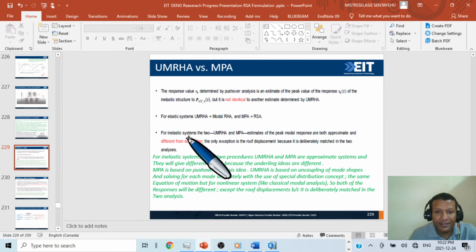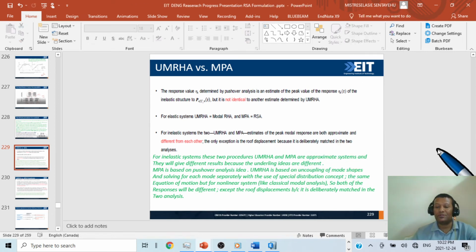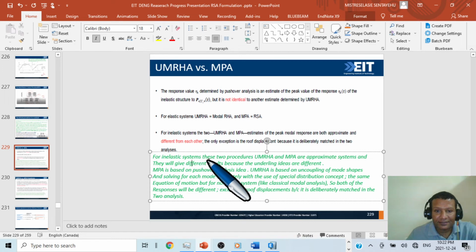But for an inelastic system, the UMRHA and MPA estimates of the peak modal response are both approximate and different from each other. The only exception is the roof displacement, because it is deliberately matched in the two systems. For inelastic systems, the two procedures are approximate and give different results because the underlying ideas are different.